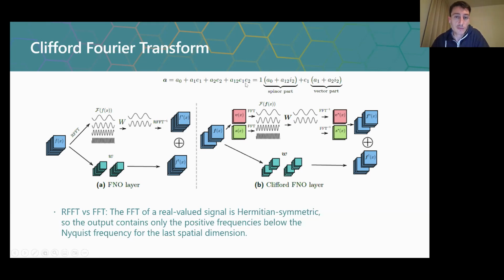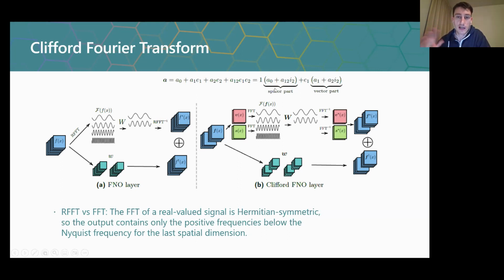And so we have an element which squares to -1, and that makes it very close to the complex number. And that is the idea, that you can now treat these as two different parts which are complex valued. And they have some different properties.